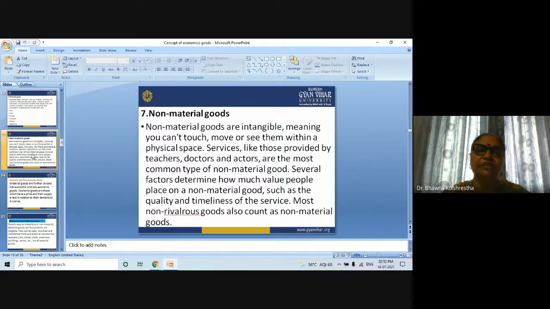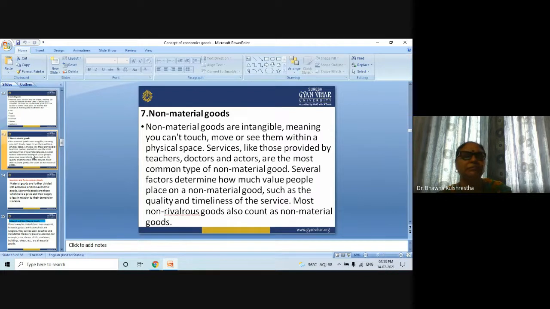Several factors determine how much value people place on a non material good, such as the quality and timeliness of the service. Most non rivalrous goods also count as non material goods. This is the non material goods.